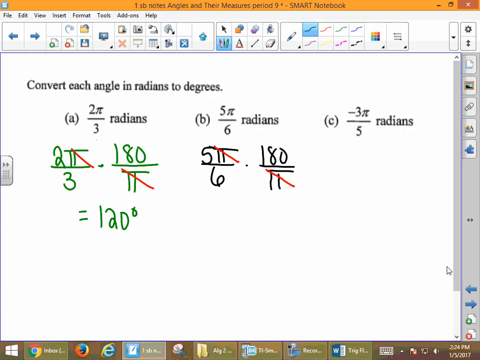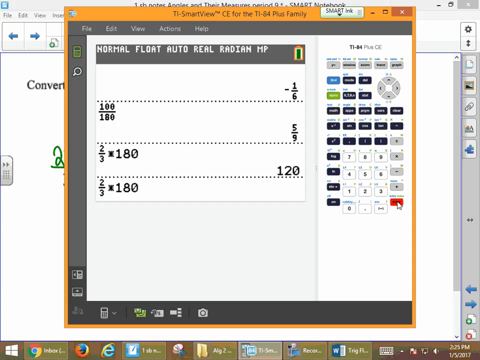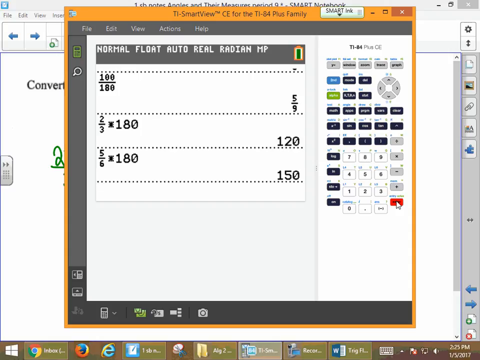And then we can type in 5 6 times 180. See if this is faster. I doubt it. Oh no, not faster. Which is 150.